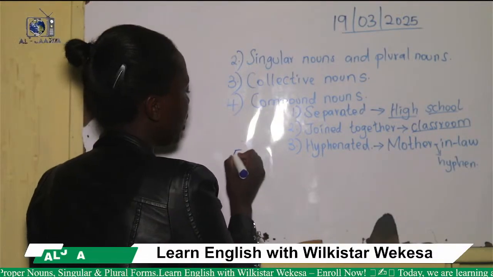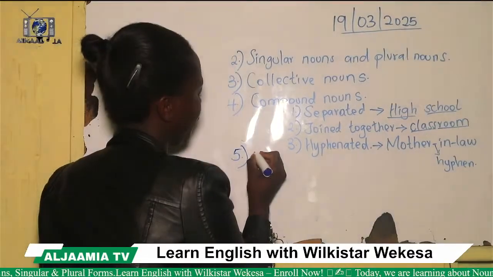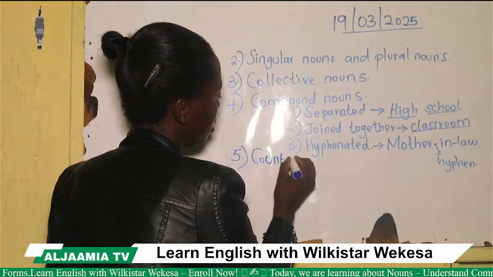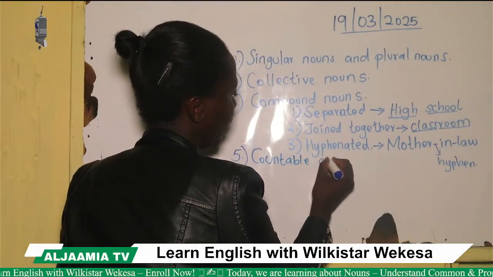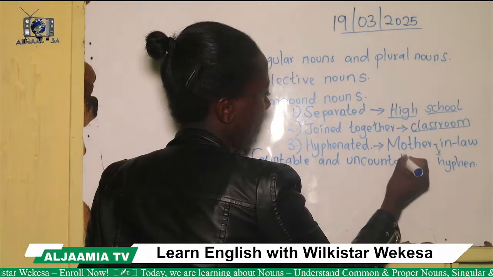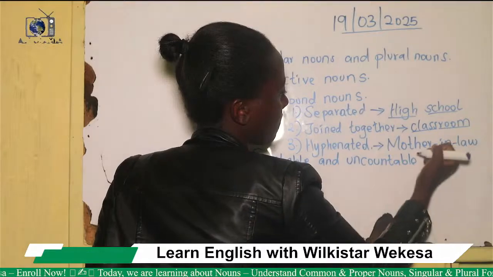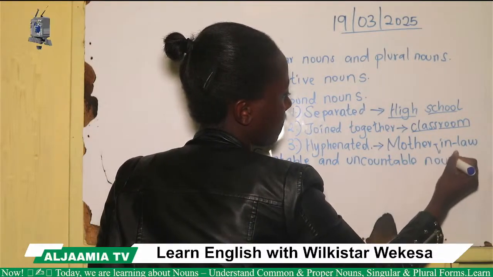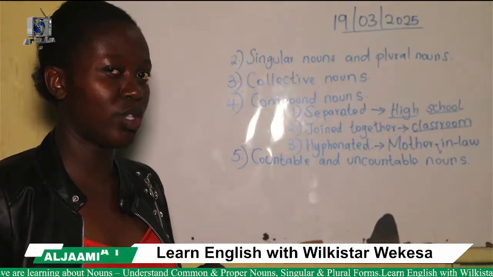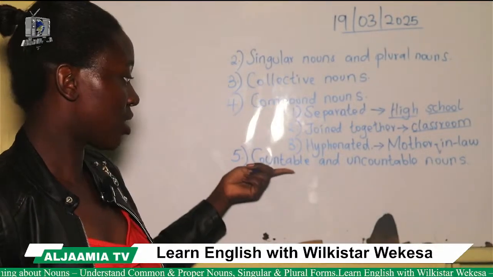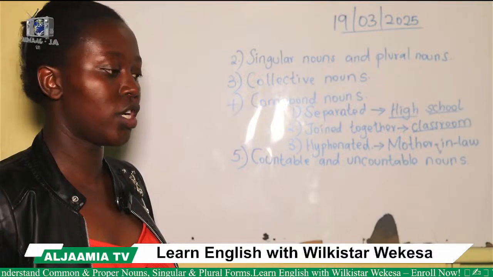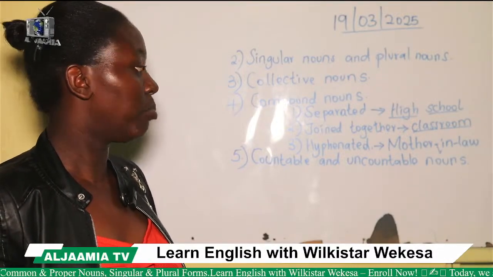So number 5, we have countable and uncountable nouns. Countable just means the nouns that you can count, like a chair, a book, people.